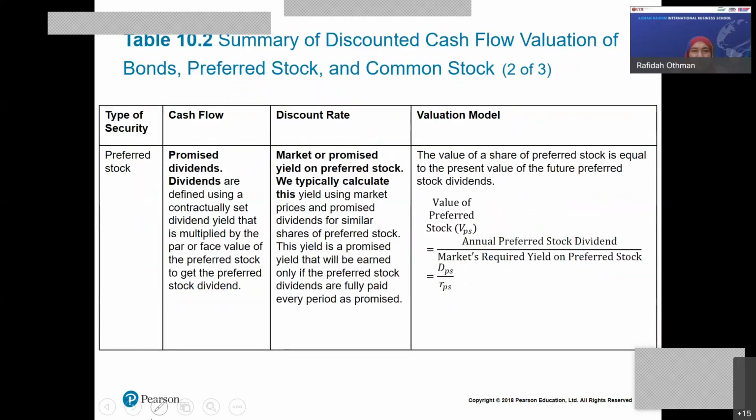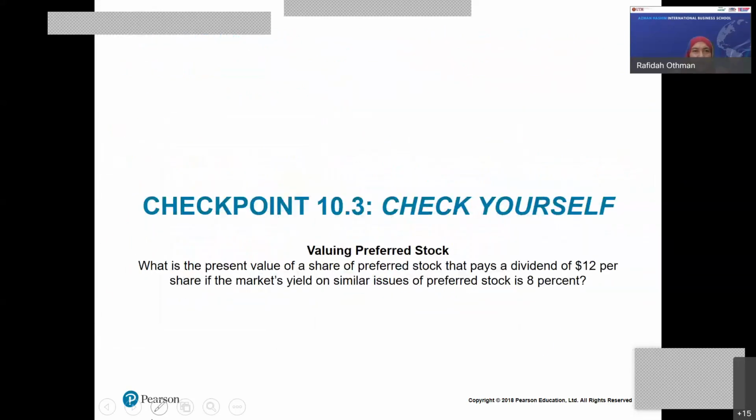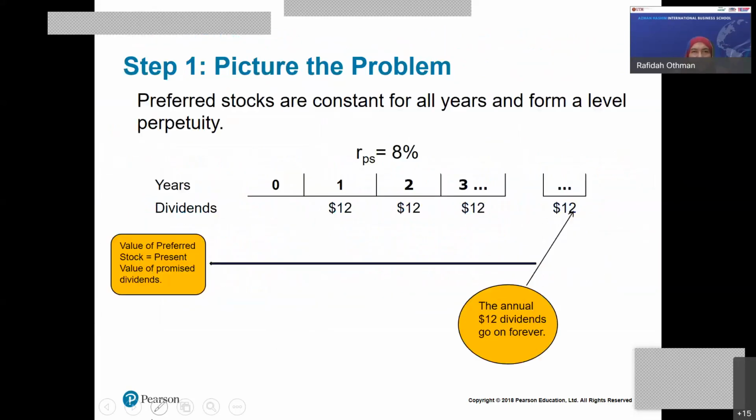This is the summary of the calculation. The rate of return for preferred stock is 8%. The dividend is 12 ringgit, right? So how to find P0? P0, the value for preferred stock, is found by dividing 12 ringgit by 0.08.